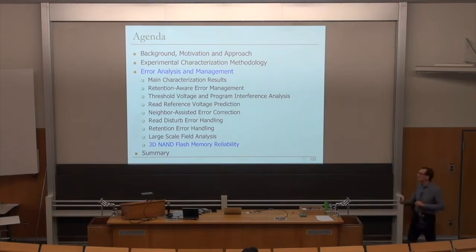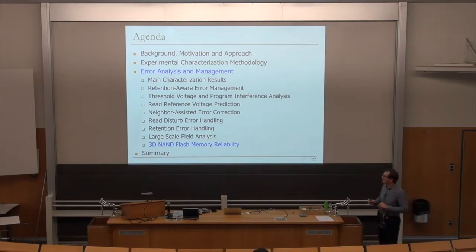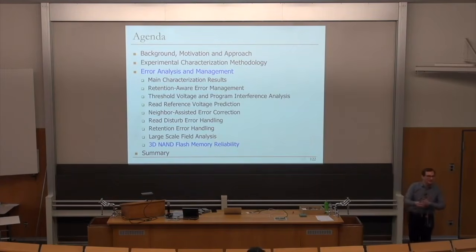And those controllers need to be even more careful than flash controllers because the latencies of those memories are much lower than flash memory. Yet you need to actually do a lot of error correction to make sure that they work also.